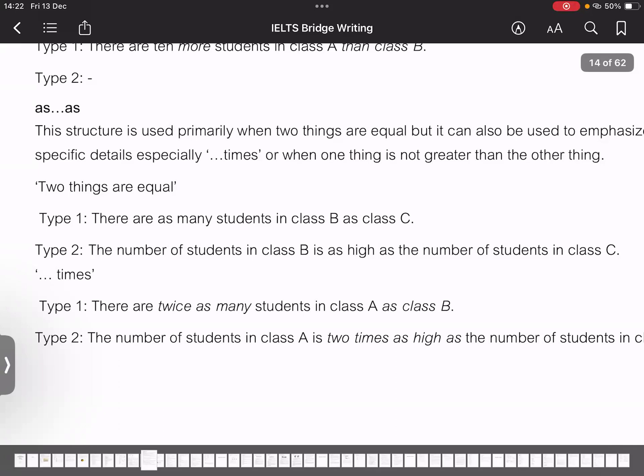Or when you see two quantities that are not equal, say one quantity is twice greater than the other quantity, you can also use as. So you can use as when two quantities are equal, or when one quantity is some factor greater than the other.